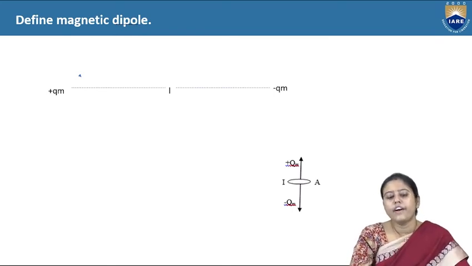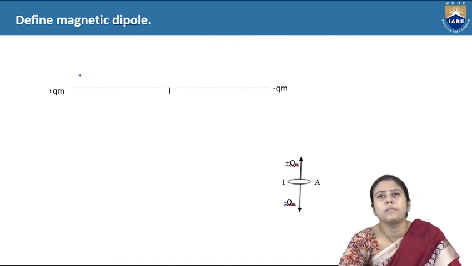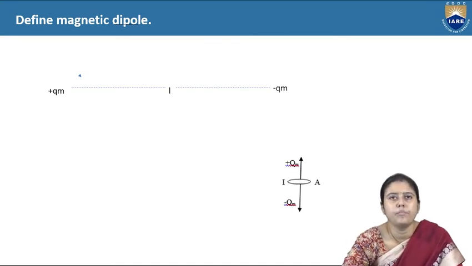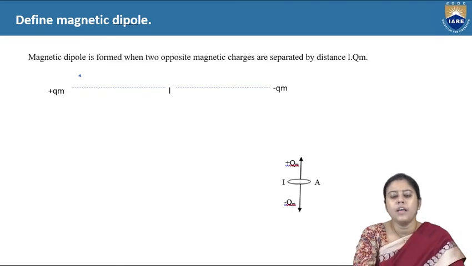Next, define the magnetic dipole. It is similar to the electric dipole. If we bring two charges nearer to each other, they will feel some force. So what is a magnetic dipole?